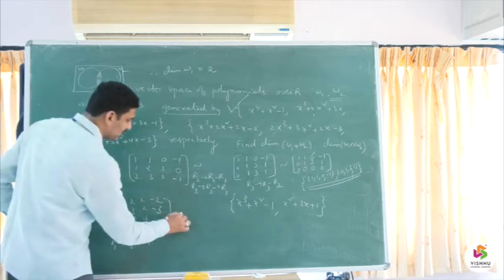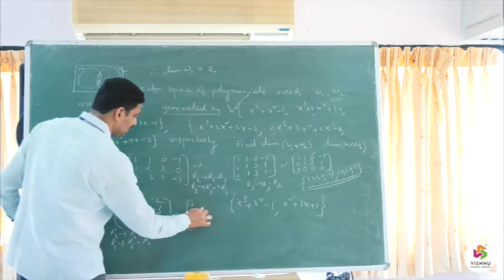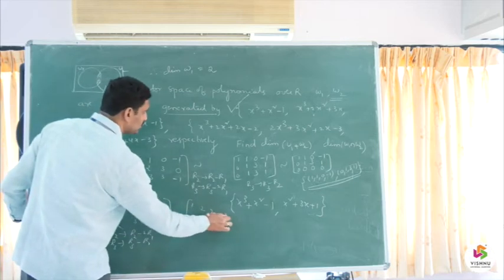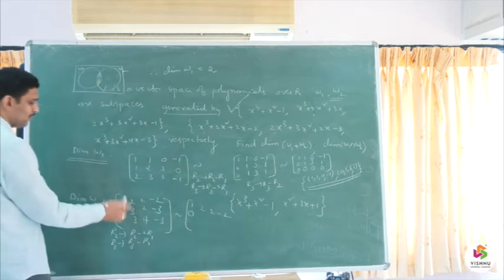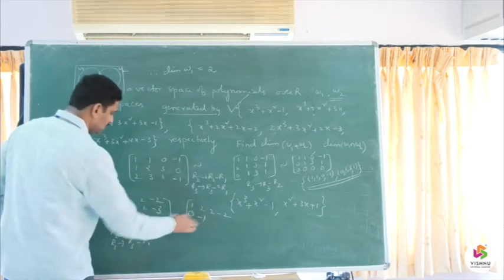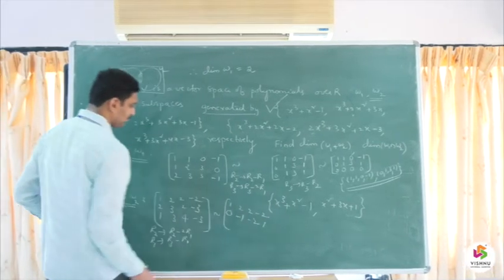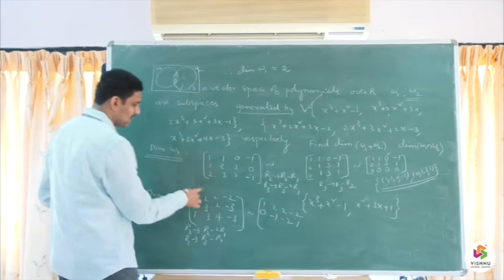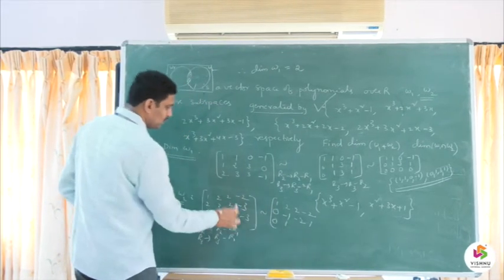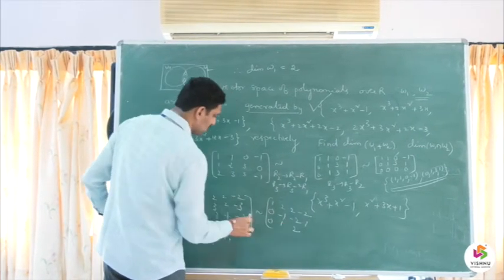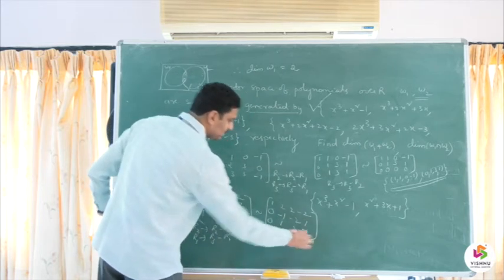So this is equivalent to: the first row remains as it is, 1, 2, 2, minus 2. From the second row you have 0, and performing minus 2 R1, this will be minus 1, this will be minus 2, and this will be plus 1. For R3 minus R1: 1 minus 1 is 0, 3 minus 2 is 1, 4 minus 2 is 2, and minus 3 minus of minus 2, this is plus 1, so this will be minus 1.